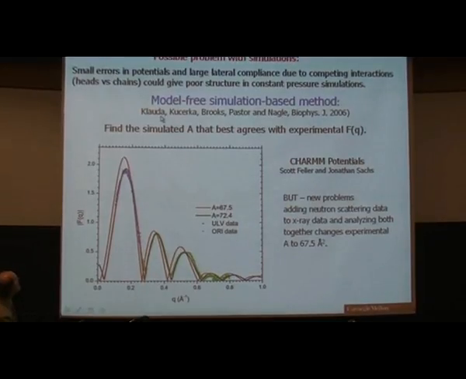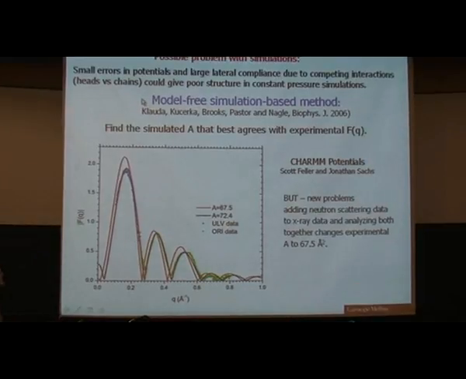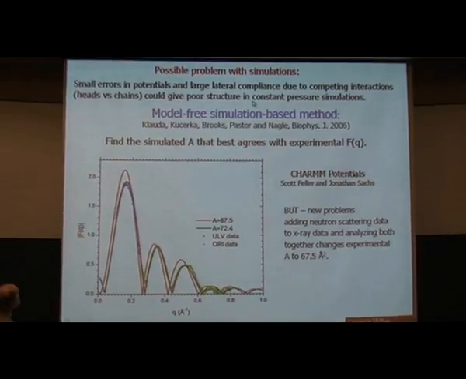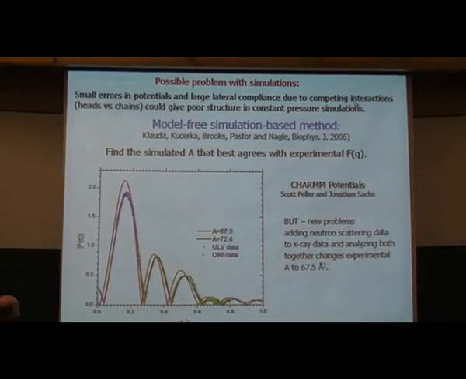Now this is actually a slide that, interacting with Rich Pastor, we came up with a couple of years ago, which may or may not be the best thing. But our emphasis was that since there may be small errors in the potentials, and in particular regarding the area, that there could be competing interactions. This is my take on it.